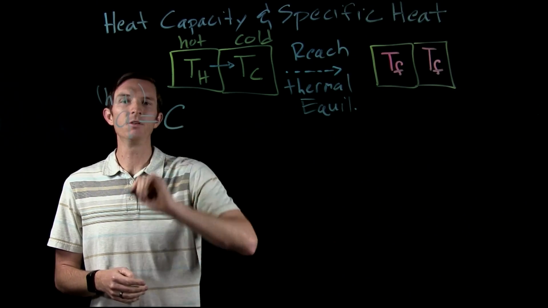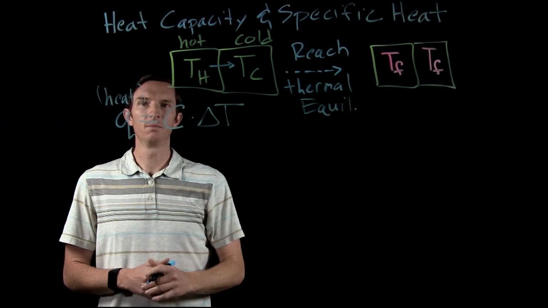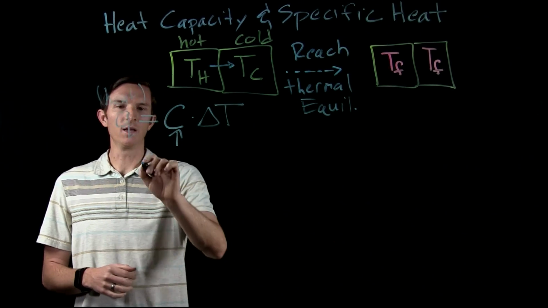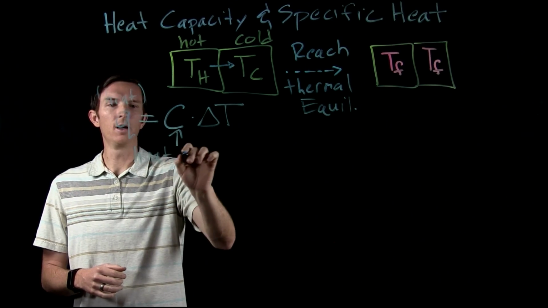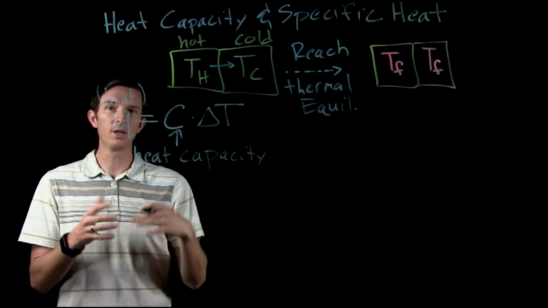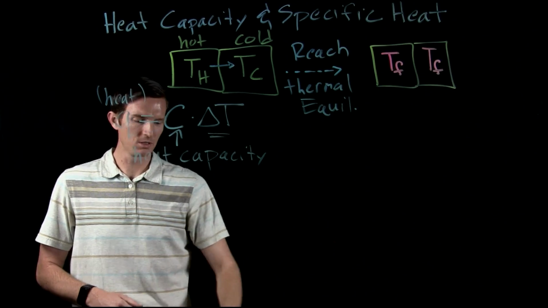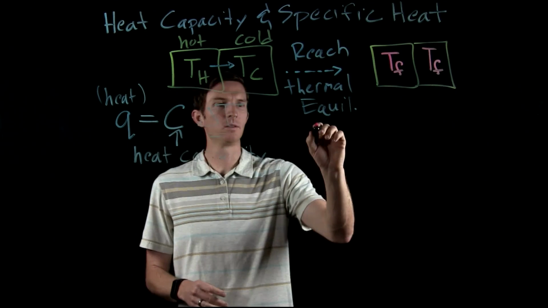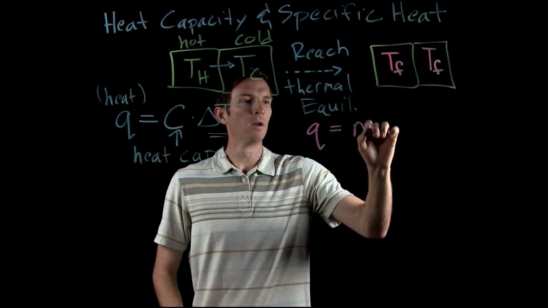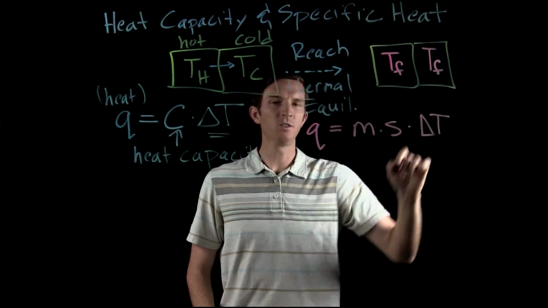The first one is Q equals C times the change in temperature of that object. Here C is what we call our heat capacity. So that's one way we can measure how much heat is transferred from a measured value, our temperature change. Another one is heat equals mass times the specific heat times the change in temperature.